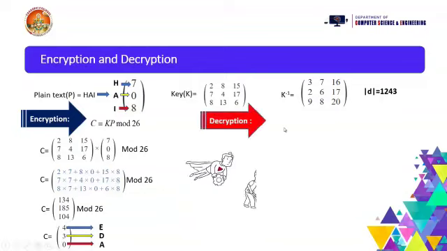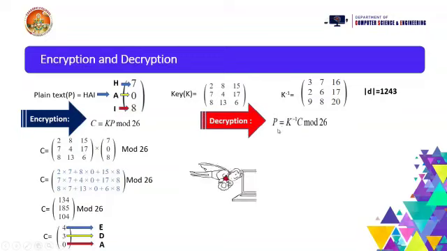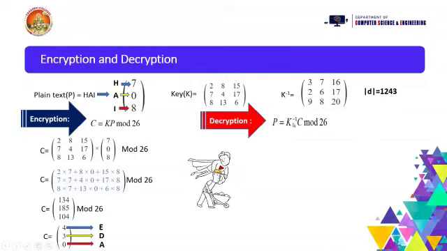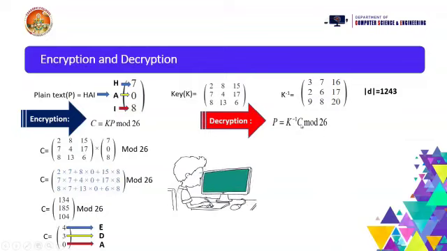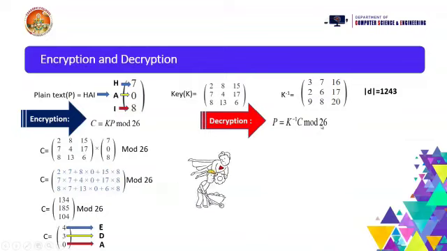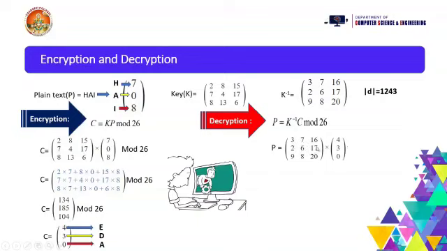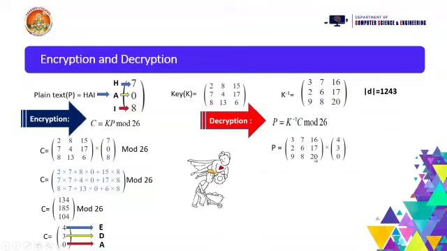Receiver got the ciphertext. Now the receiver is going to convert the ciphertext into plain text. For that, the inverse of the key matrix is multiplied with the ciphertext and the result is mod with 26. Inverse of key matrix is 3, 7, 16, 2, 6, 17, 9, 8, 20. It is multiplied with the ciphertext matrix, that is 4, 3, 0, and the result is mod with 26.